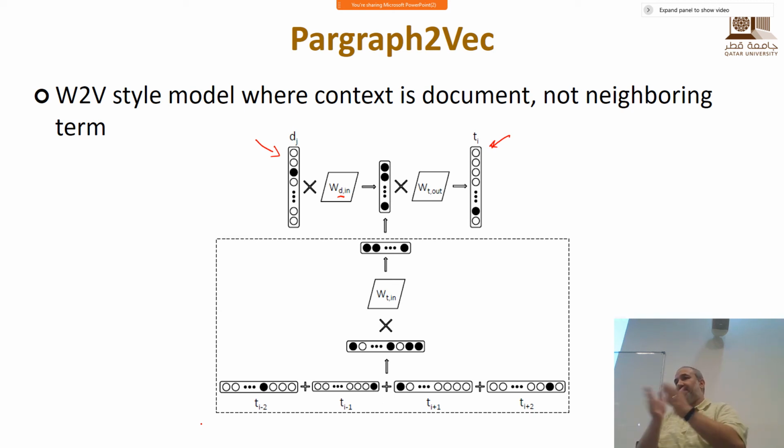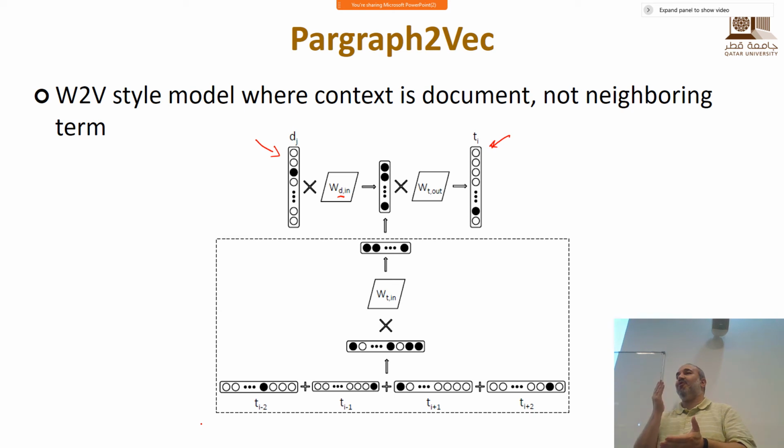We said that we can average or sum. Yes, that's a good question. So the question is, we earlier mentioned that we can get embeddings for a document given the embeddings of terms, and the straightforward way is to sum them or average them. Why do we need another method?